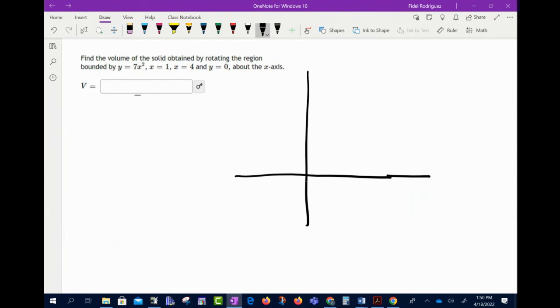I'm going to do it like this: 1, 2, 3, and 4. I'm not going to draw this to scale, y'all, because it's just not going to work that way. My graph would be way too different. 7, 14, 21, 28.